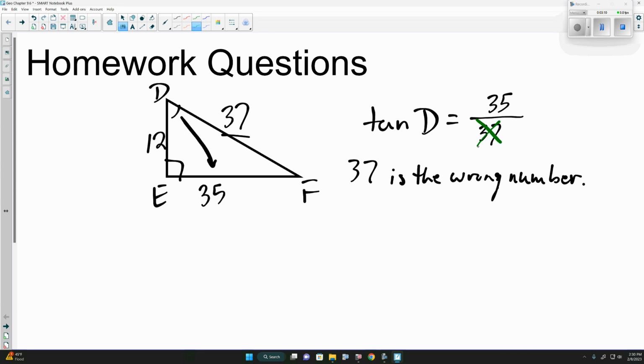So it should be 35 over 12 is tangent of angle D. So you need both: that 37 is the wrong number, kind of explaining why, and correcting it.